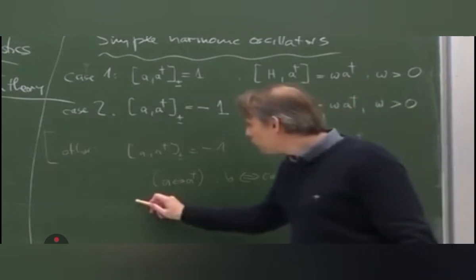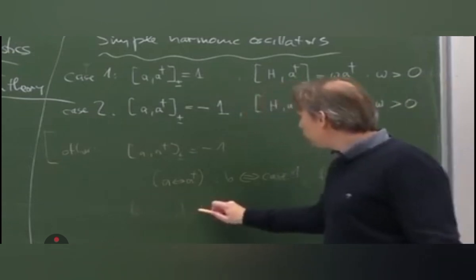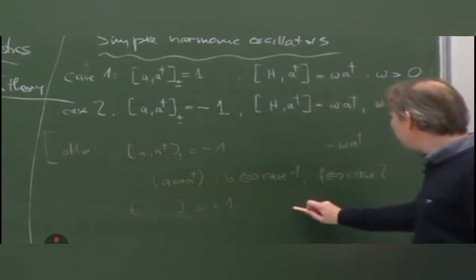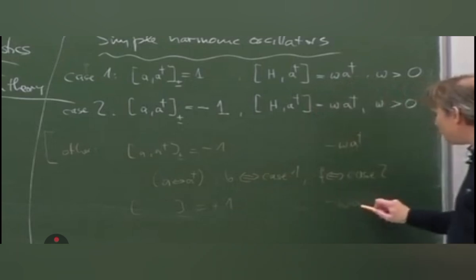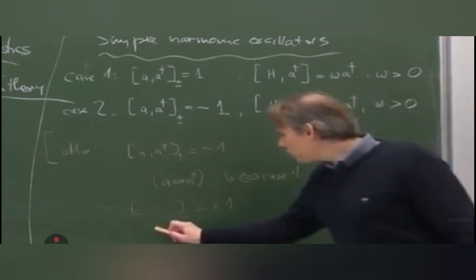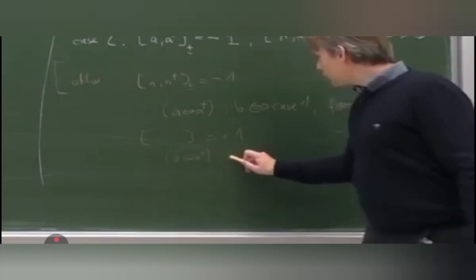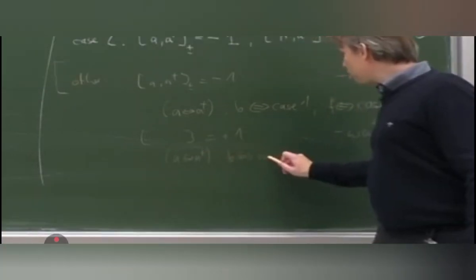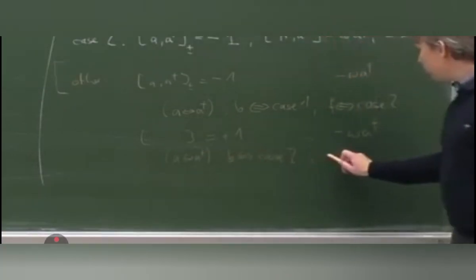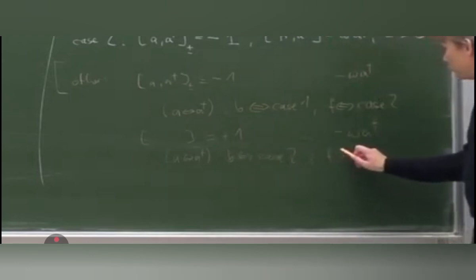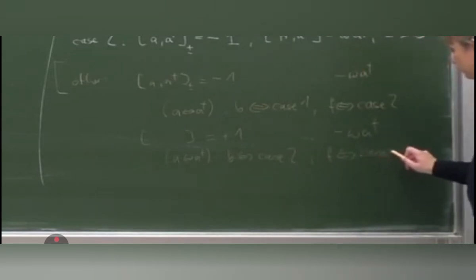And similarly, if you have here plus 1 and here minus omega A dagger, then the opposite happens. So you swap A and A dagger, and then the bosonic case becomes case 2, and the fermionic case becomes case 1.